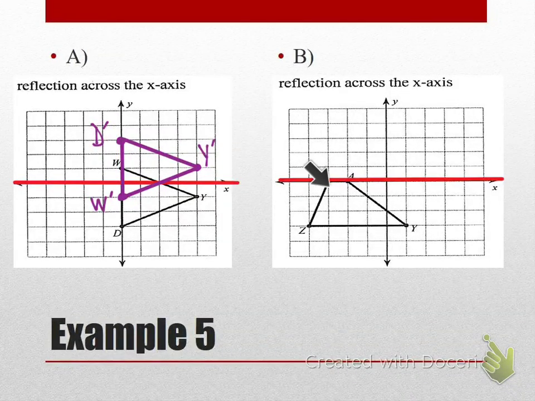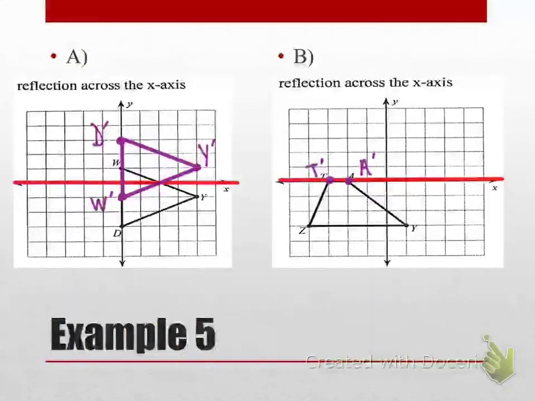They were 0 away from the x-axis, so when we reflect it, they stay 0 away from the x-axis. Does that make sense? Okay, if it's on the line of reflection, it's not going to move. So this point is also going to be my A prime. This point is also going to be my T prime.